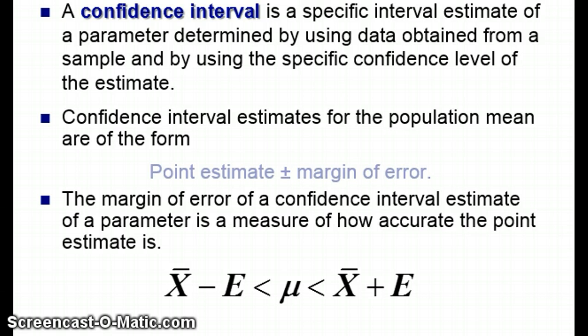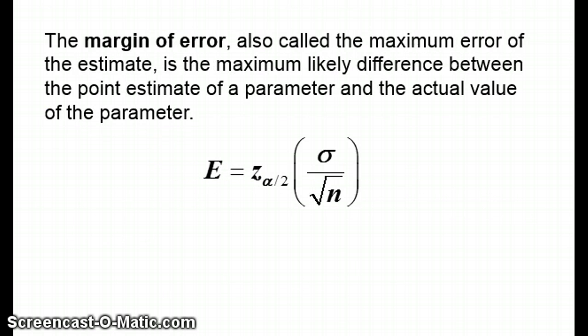So in this equation that I've got in front of you, the margin of error of a confidence interval is that E that I'm going to add and subtract from my sample mean to create this interval that we're going to say the population mean is within. The margin of error is also called the maximum error of the estimate.